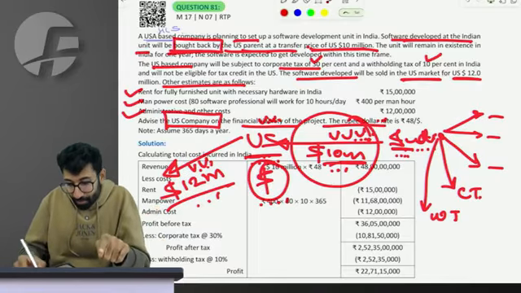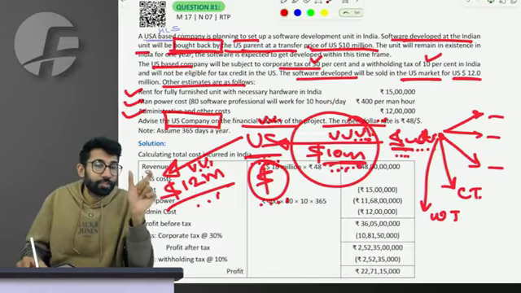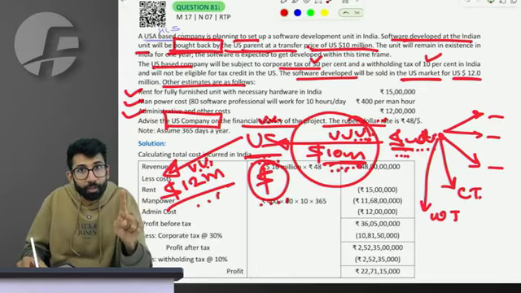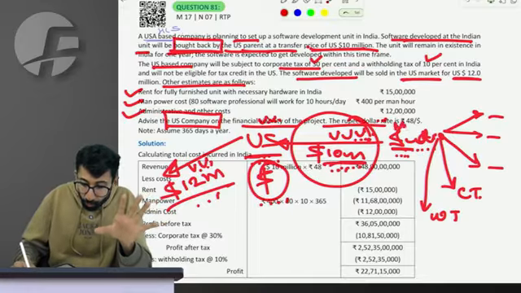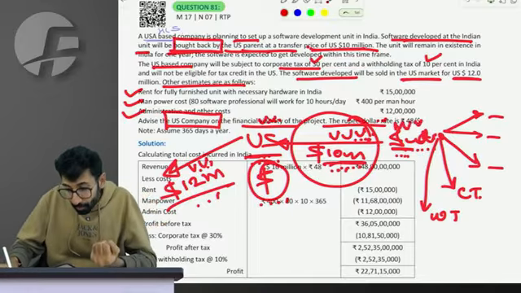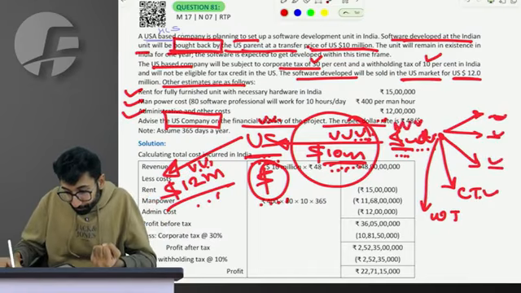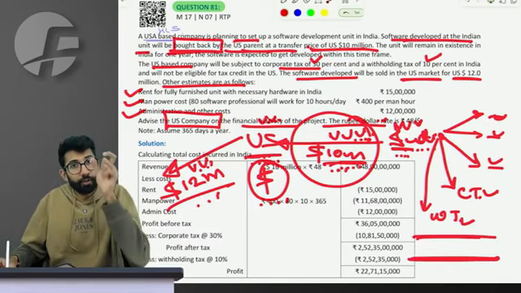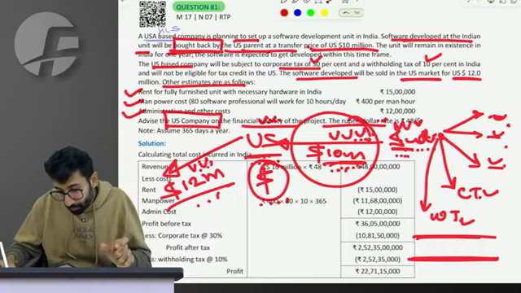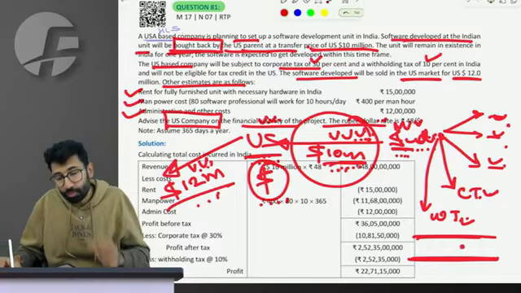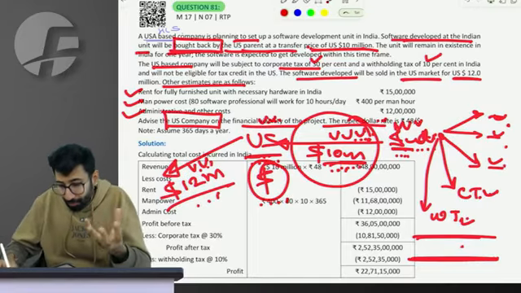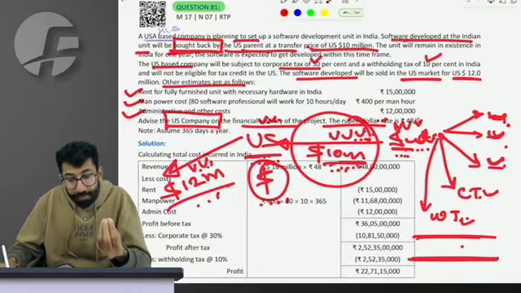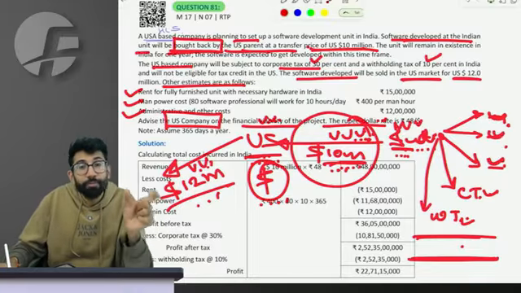For the purpose of taxation, the income tax department says we will assume the price to be $10 million. From that revenue which the Indian unit has earned, you will deduct all your expenses. Using that notional revenue, you deduct all your expenses to calculate the profit before tax.